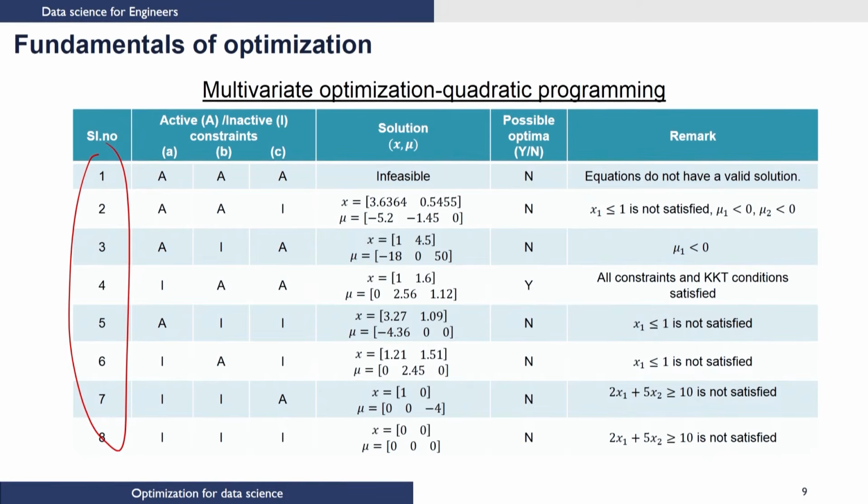So, let us look at the first row, for example. Here the choice we have made is that all the 3 inequality constraints are active, that means they all become equality constraints. Notice something interesting: remember there are 2 decision variables.